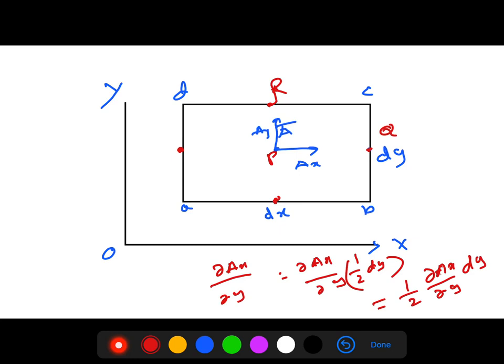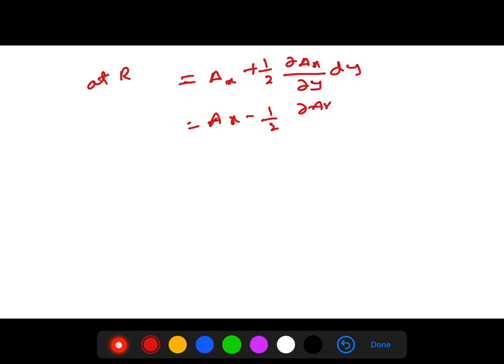This is the increase in magnitude of Ax in going from P to R. Similarly, we calculate at the other points. At R we get Ax plus half dou Ax by dou y dy. At point T it is given by Ax minus half dou Ax by dou y dy.